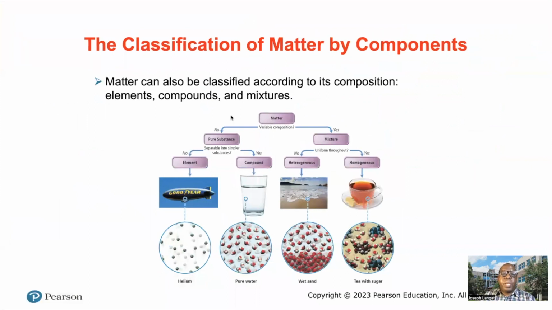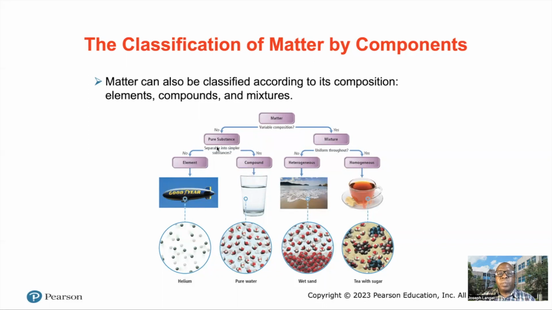Matter can further be classified as pure substances or mixtures. Pure substances have a well-defined composition, their composition is known, whereas mixtures have variable composition. An example is sand and water. If you mix, it has variable composition.